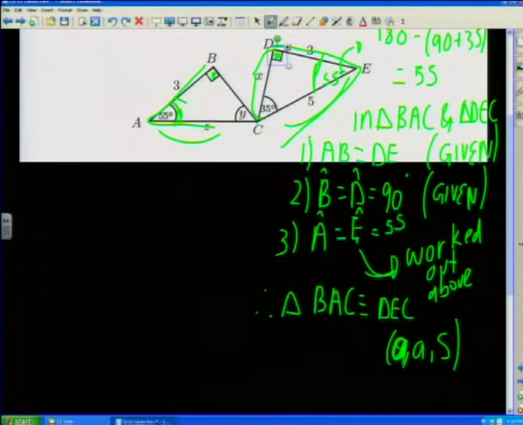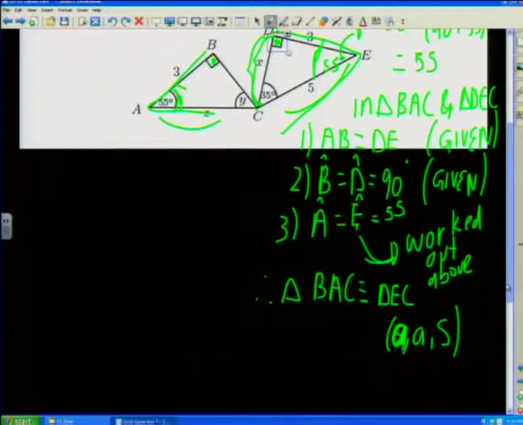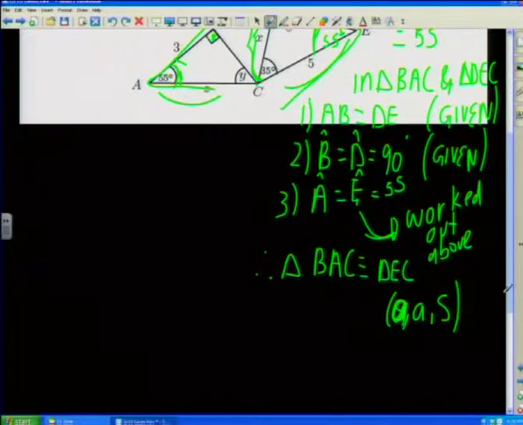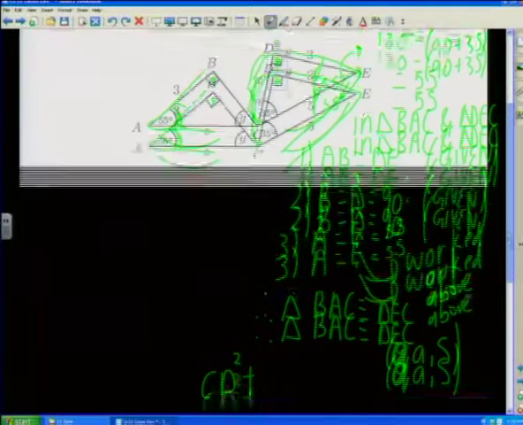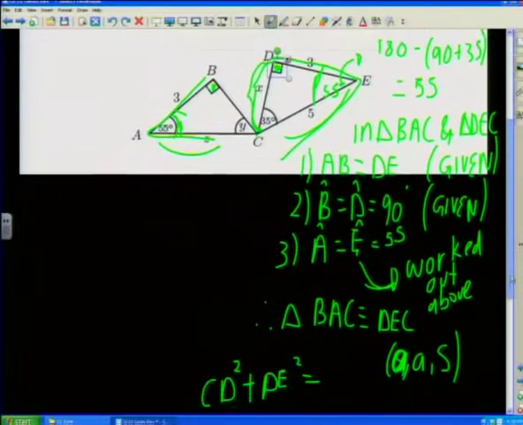Therefore, if I wanted to work out side DC, and I know that that's a 90-degree triangle, I can use Pythagoras. So to work out side x, I can say CD squared plus DE squared is equal to CE squared.